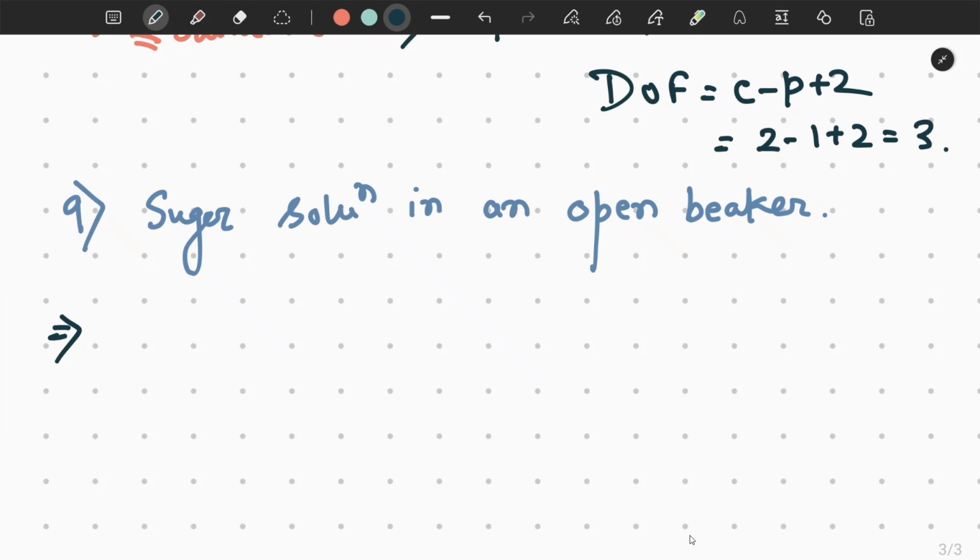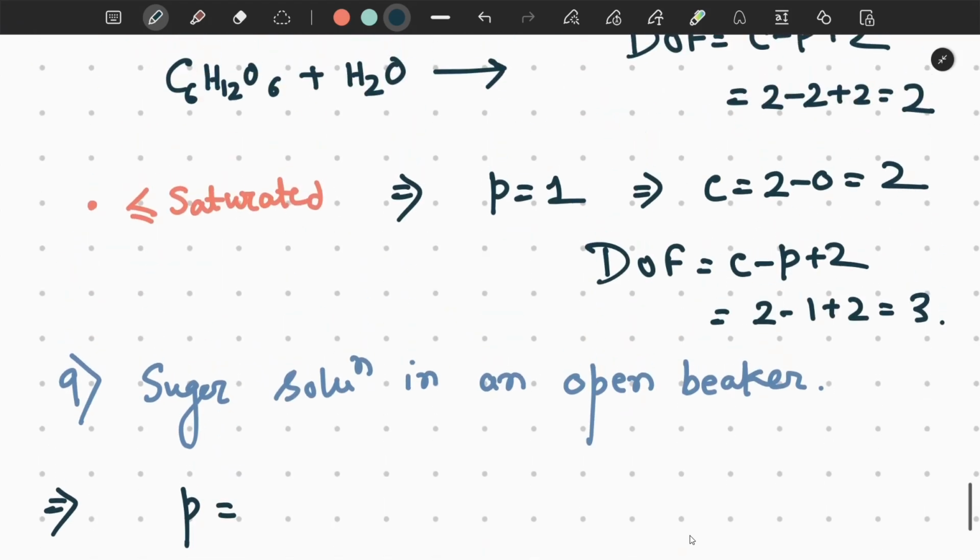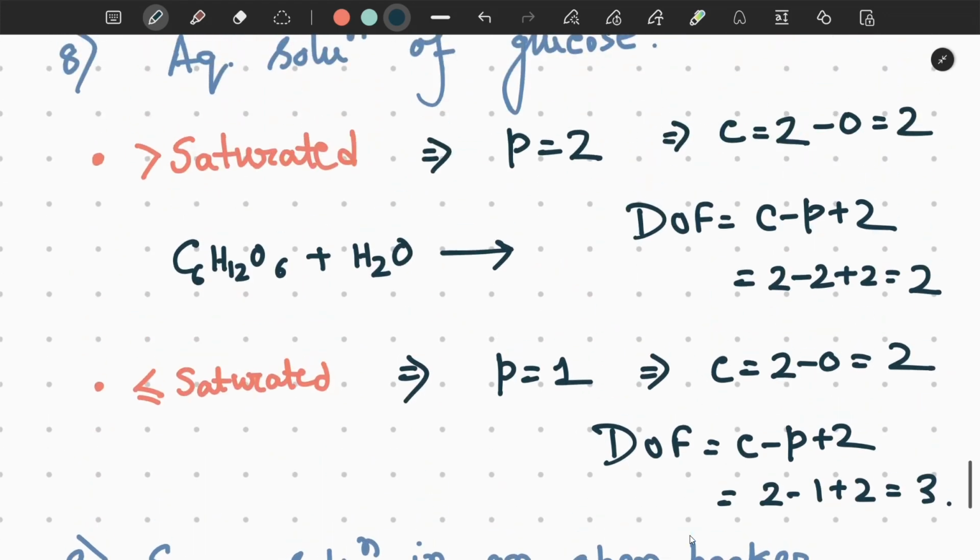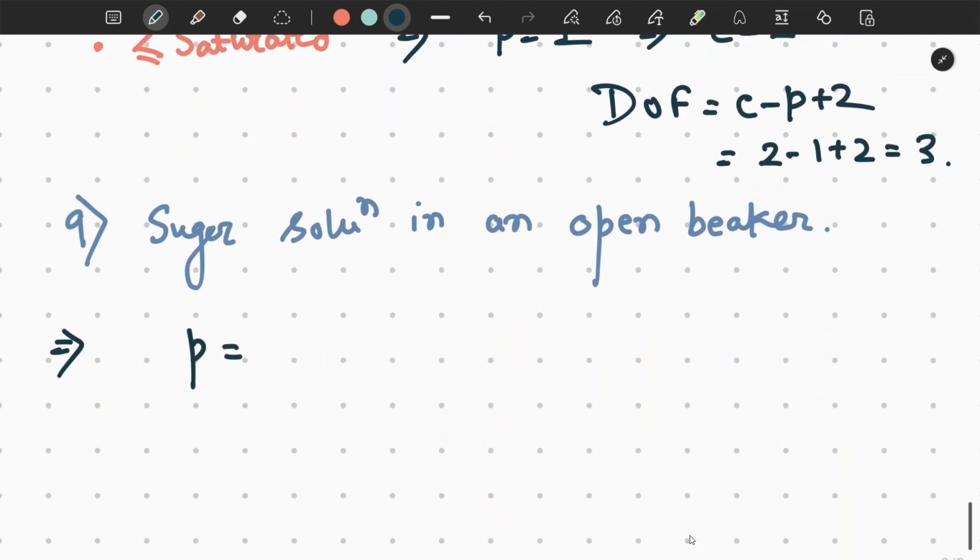How? With air, it will not react. Sugar solution is there. This is a very common scene. You have seen it lots of times in your life. So what will be the phase? One, not two. If it is not mentioned that it is saturated, then why do you consider the oversaturated? Generally, we don't consider it, no? Component is 2.